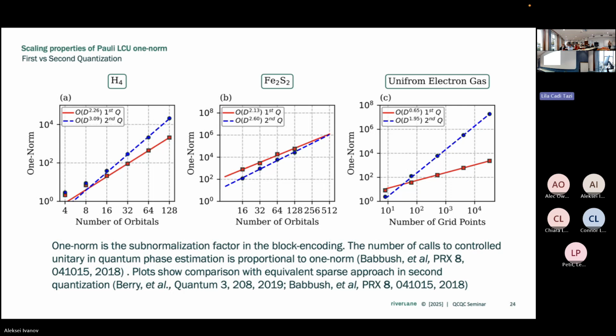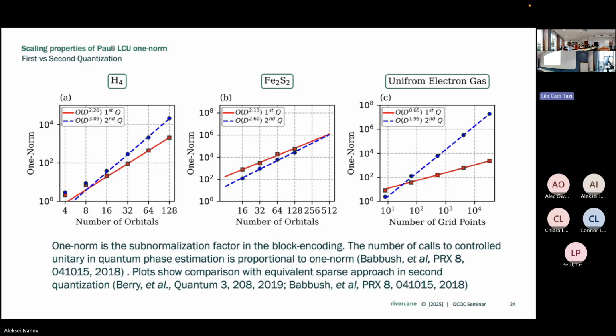Then we can see another system, for example, an iron sulfur cluster. Again, we see the asymptotic speed up, but it's unfortunately not 1 over d. And you need quite a large basis set, around 500 orbitals. But I must say that the reason we don't see a larger speed up here is because for this system we use 14 electrons, and the dominant contribution in the norm was just from the one body term. In the two body term, we do get a larger speed up.